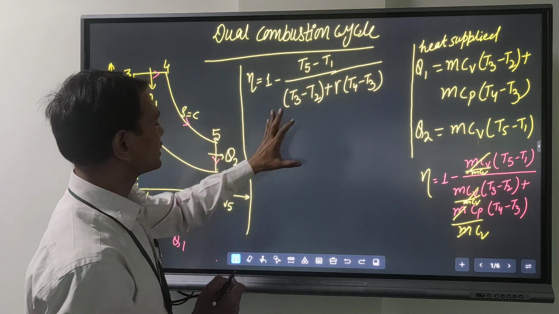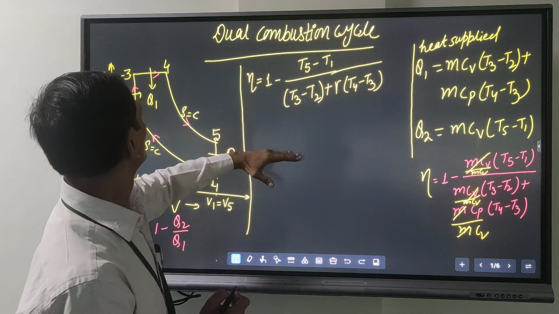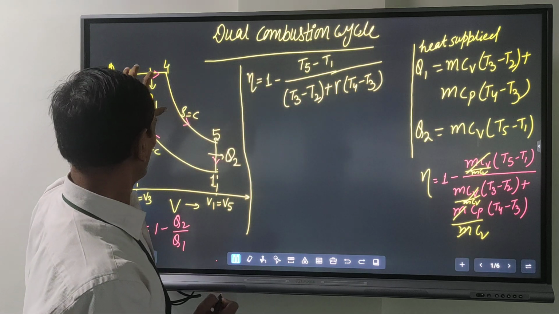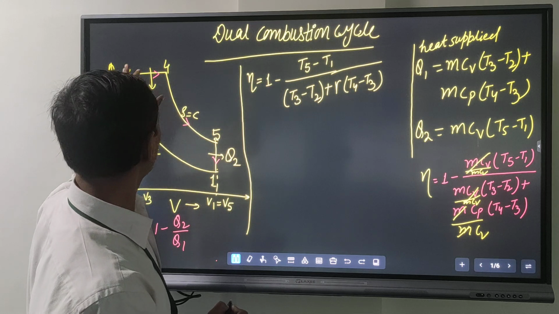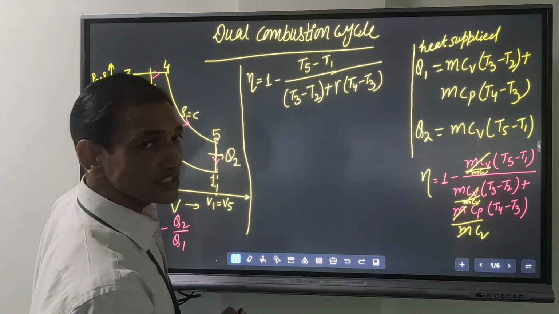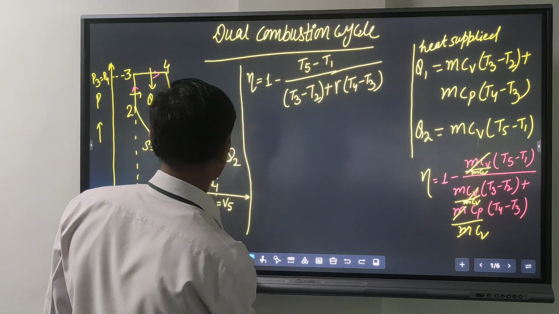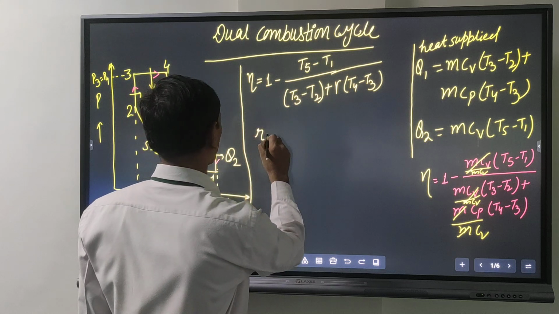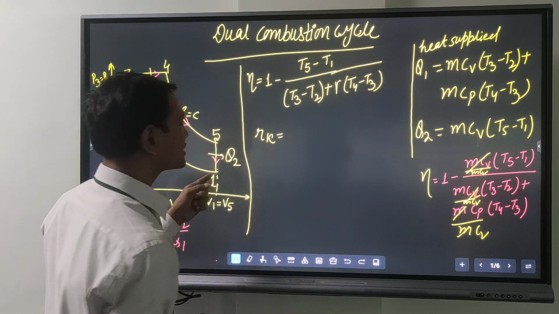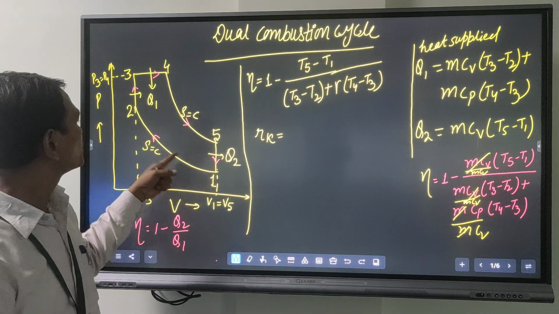So before going to the relationships, we finalize the relationship between the volume, pressure and temperature in each process. So here RK is the compression ratio, the ratio of the volume at the beginning to the end.